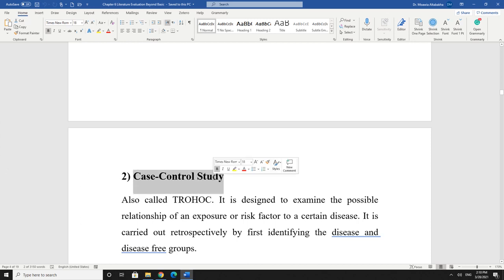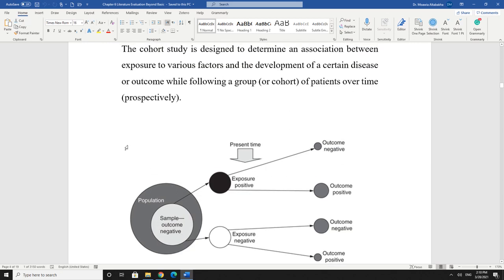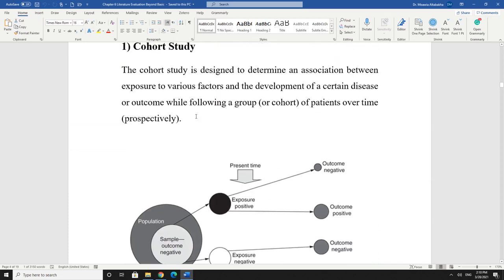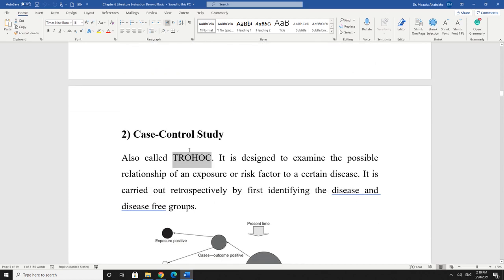Case control study. Look, it's the opposite of cohort. If you go back here, cohort. So it's exactly the opposite of this one. This is prospective, this is retrospective. Okay? So here we look at the past.